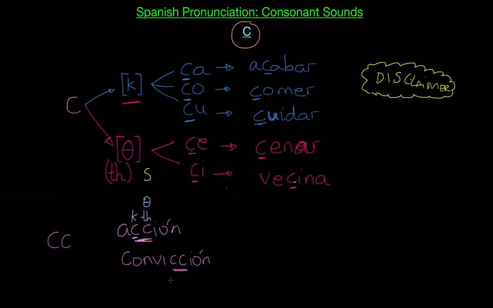This other word, and I want you to be thinking about it, will be convicción. So whenever you find two Cs together, the first one sounds k, the second one sounds th: acción, convicción. And that's pretty much it for the sounds of the C. Thank you very much. Bye.